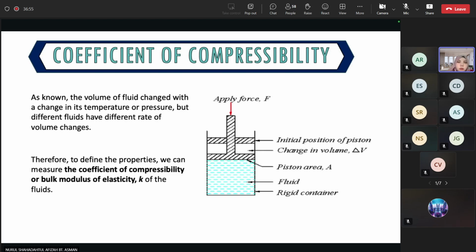Therefore, to define the property, you can measure the coefficient of compressibility or bulk modulus of elasticity of the fluid. When you apply force, there will be a change in volume, and the fluid will become compressed.